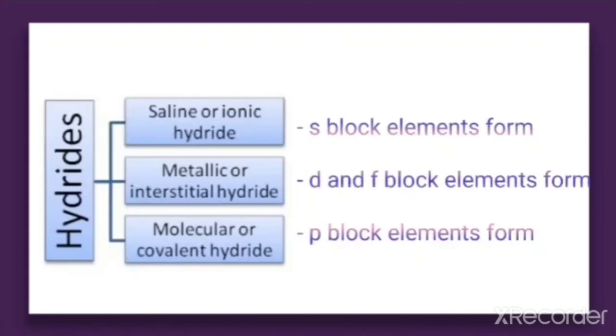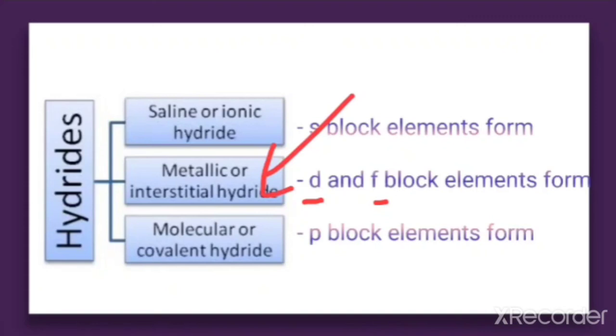Just to summarize the types of hydride: saline or ionic hydride is a combination of hydrogen with s block elements; metallic or interstitial hydride is the binary compound of hydrogen with d or f block elements, which is a non-stoichiometric interstitial hydride.